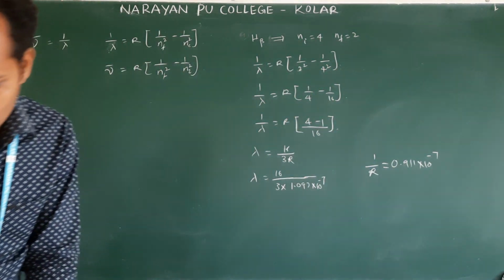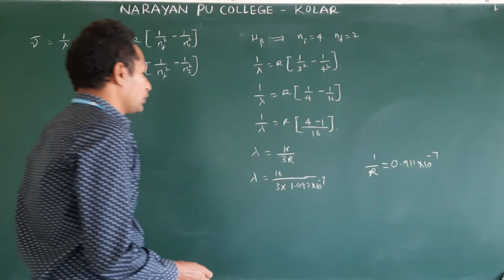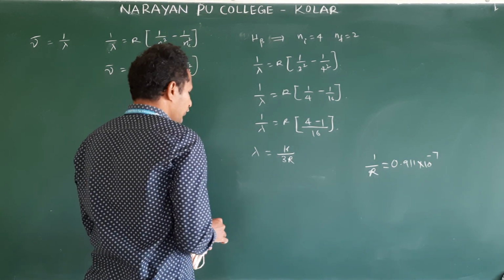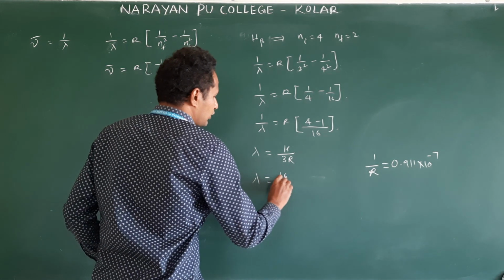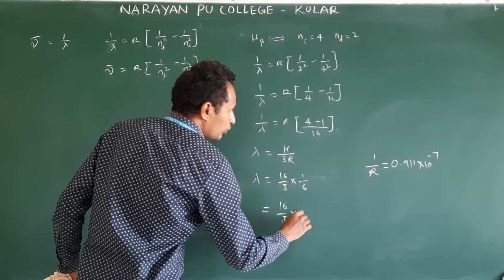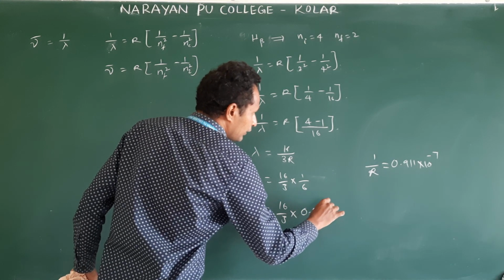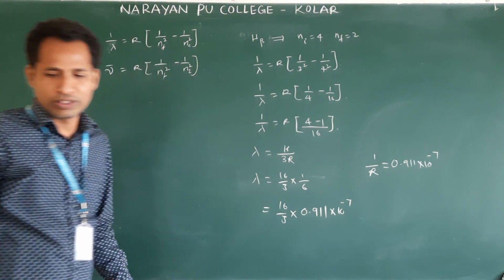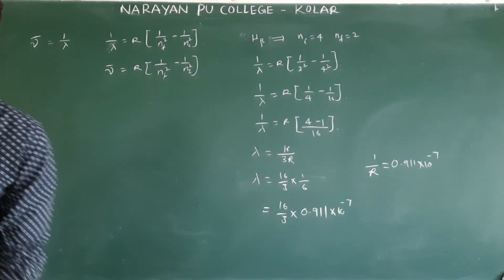If you substitute every time, it takes time. So we can write lambda is equal to 16 by 3 into 1 by R. So 16 by 3 into the 1 by R value, 0.911 into 10 power minus 7. If you do it, we will get the answer.